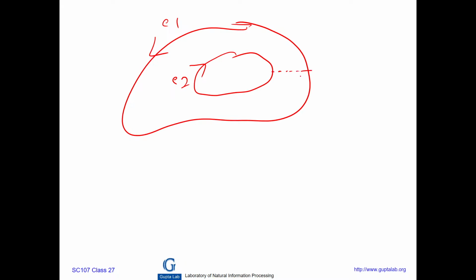By making a cross cut here, with points A, B, C, D, E, F, G, H, I, J, you integrate for the whole thing, then along the cross cut you go in one direction and come back, and then traverse the second curve.